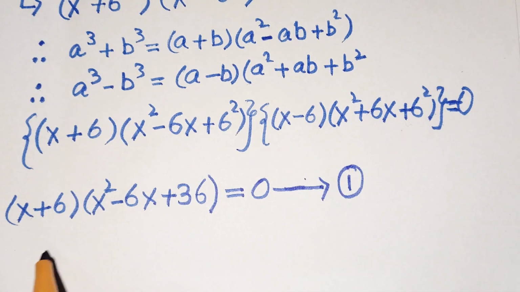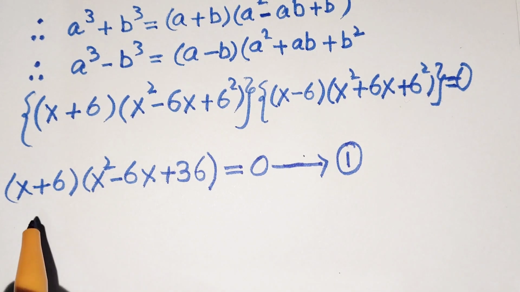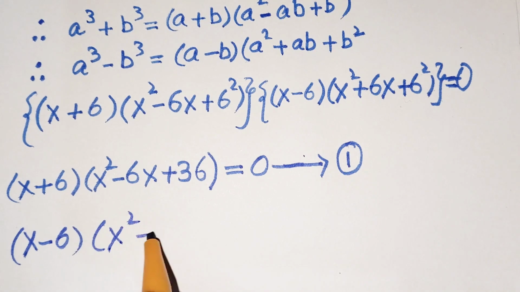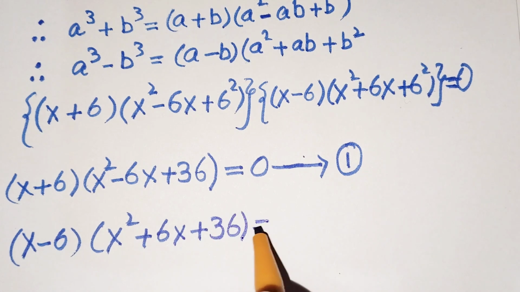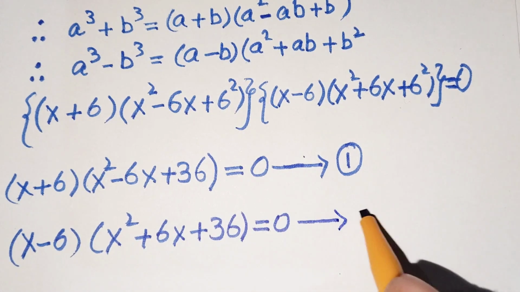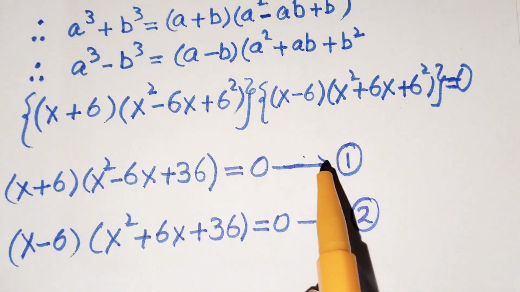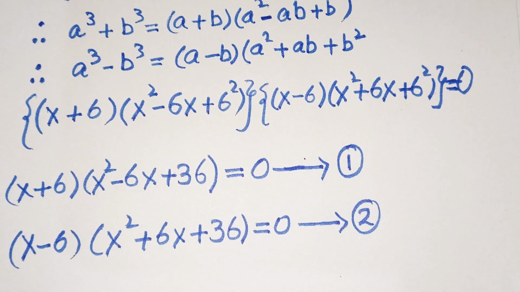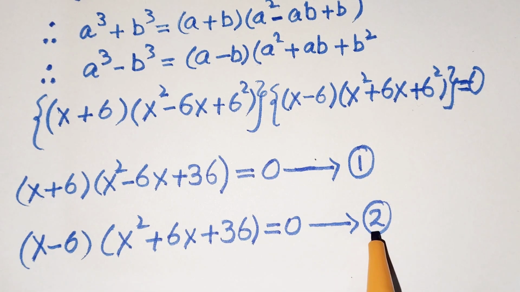Similarly, we write x minus 6 times x square plus 6x plus 36, which is equal to 0. Here it is our second equation. Now we are going to find the result of x for equation 1, and after that we will find the value of x from equation 2.